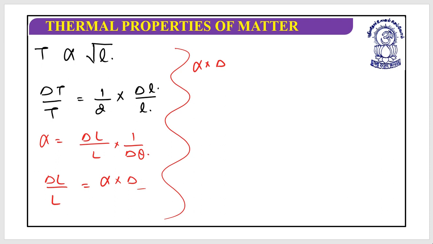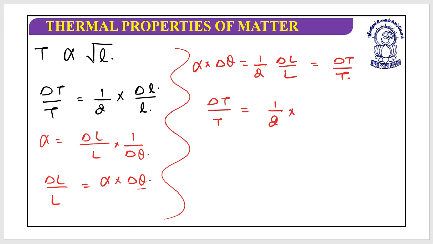So delta T by T equals 1 by 2 into alpha into delta theta, because delta L by L is alpha into delta theta.